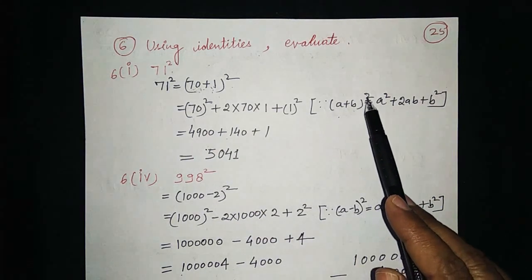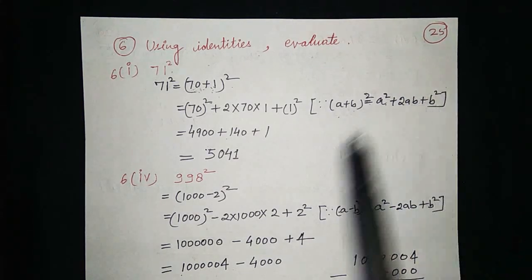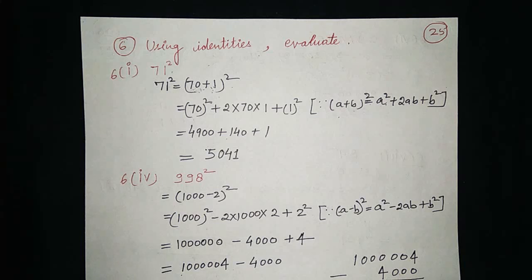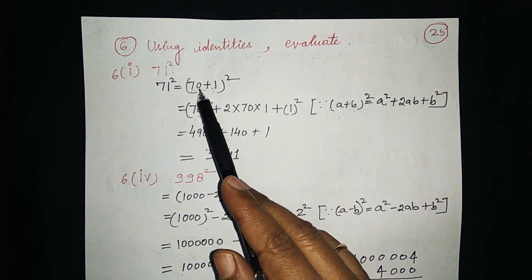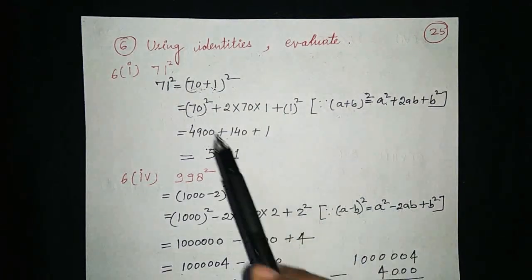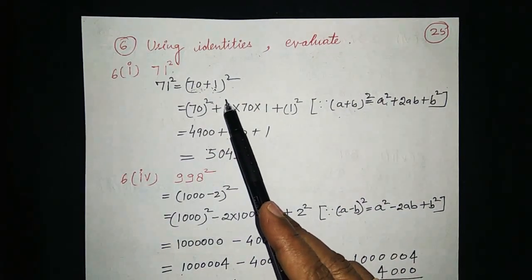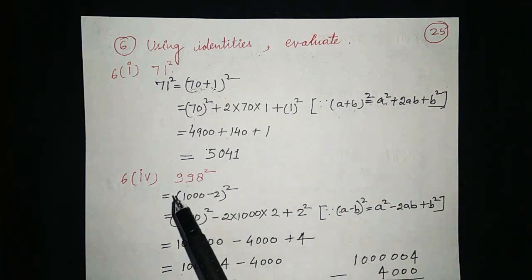A plus B whole square is equal to A square plus 2AB plus B square. Okay. So what is A here? A is 70. What is B? B is 1. Now we will put A and B in the right hand side of the identity.